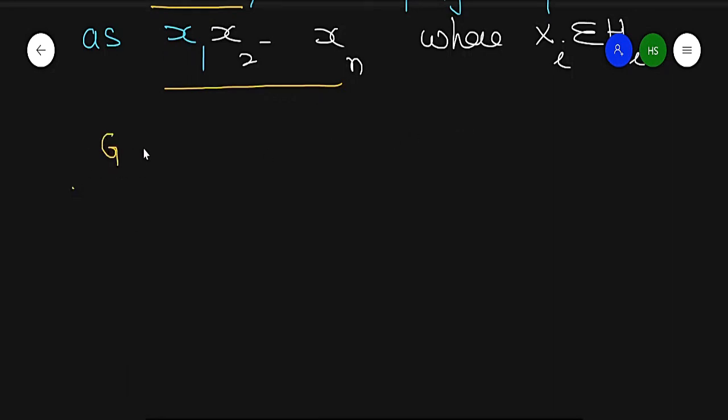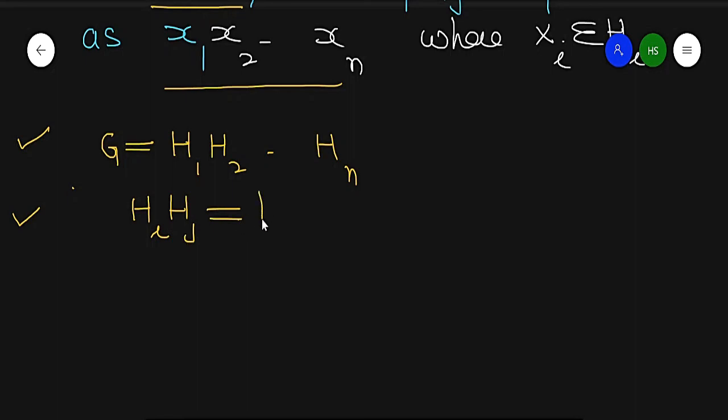So what does it mean? It means G equals H1, H2, and so on up to Hn. We can write it in this way. Second, HiHj is equal to HjHi for every i not equal to j.